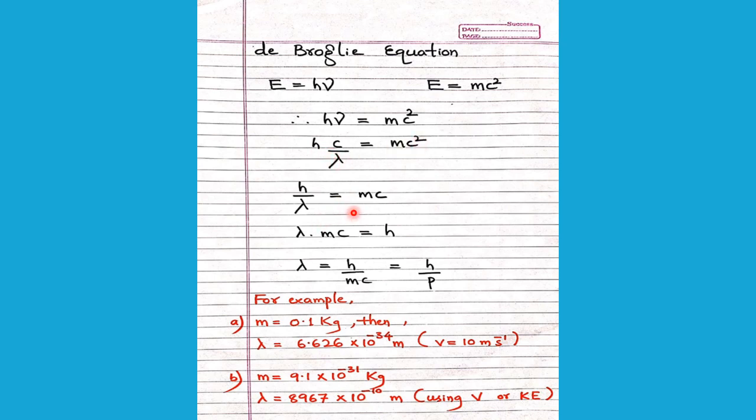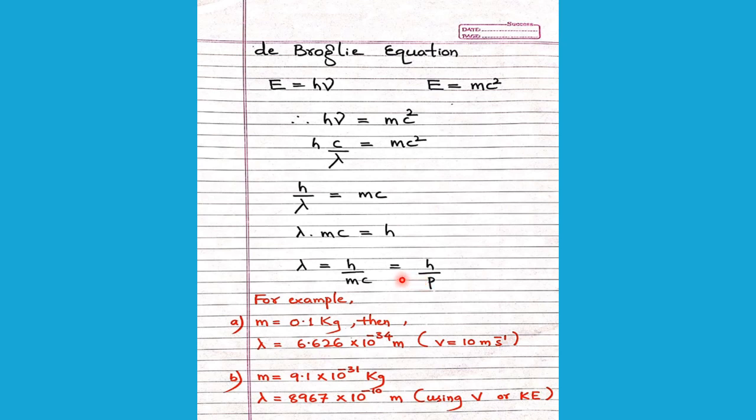Now rearranging, lambda into mc equals h, or lambda equals h upon mc. C is the velocity of light, related to the speed, so you can take it as mv also. So h upon mc or h upon mv, both are correct. What is this mc or mv? Nothing but momentum. So lambda is equal to h upon momentum. What is the conclusion? Please hold.